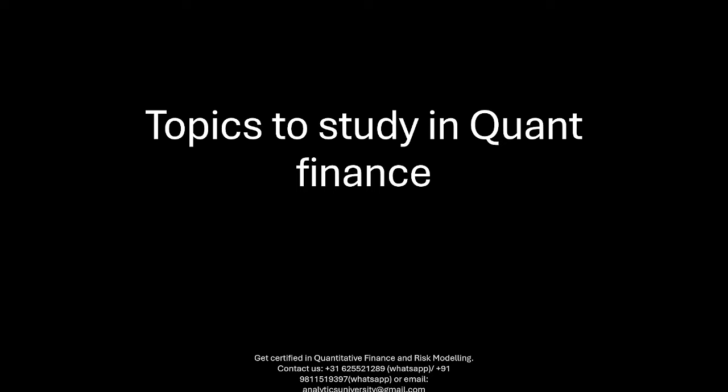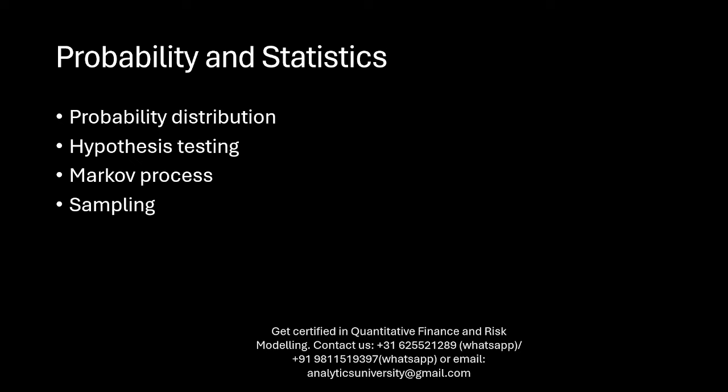It's very useful for someone who is interested in or looking for an opportunity in the quant field. If you want to become a quant, one must-know thing is probability and statistics. You really have to be strong in probability and statistics.